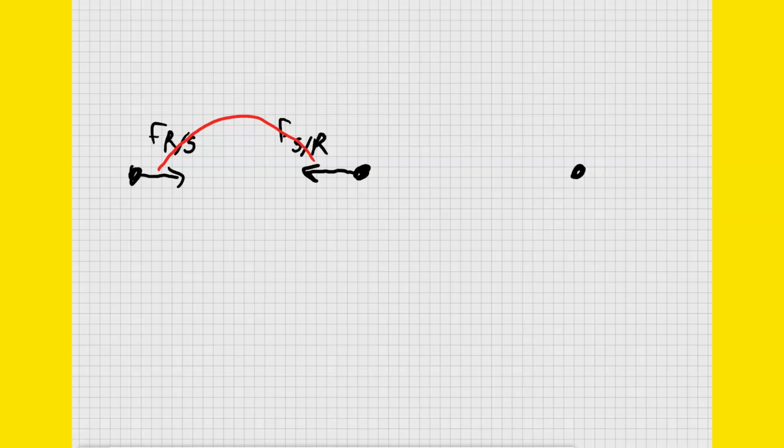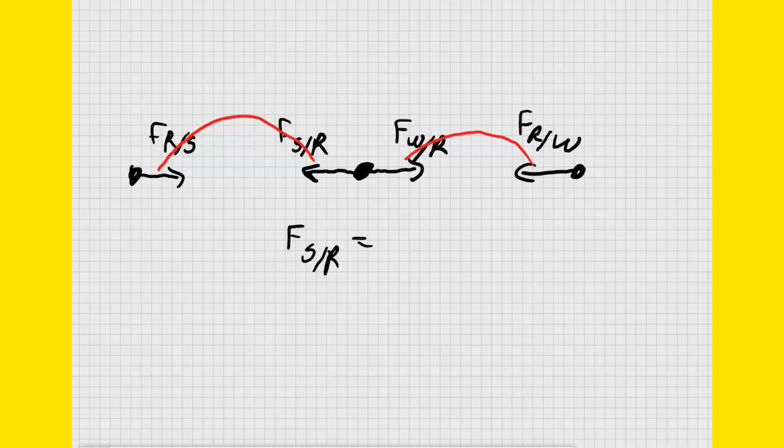But we know that in that situation, the rope is not moving. The rope is in static equilibrium. So in order for the rope not to move, there also has to be a force this way, which is the force of the wall on the rope, which is an action-reaction pair with the force of the rope on the wall. For the rope to not move, the force of the student on the rope has to equal the force of the wall on the rope.